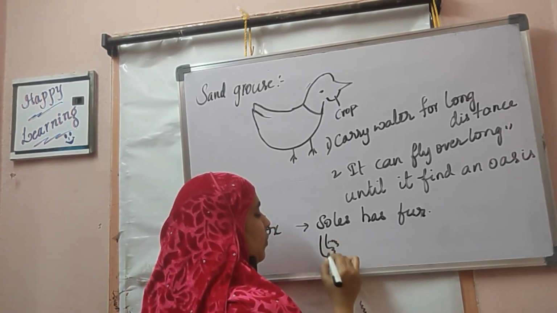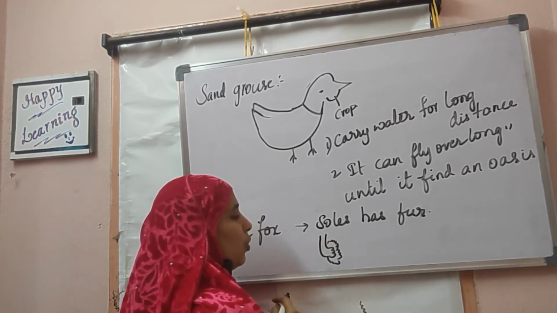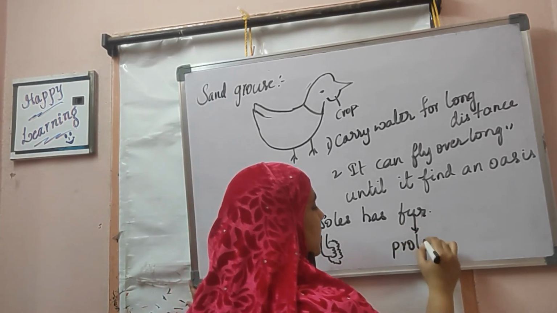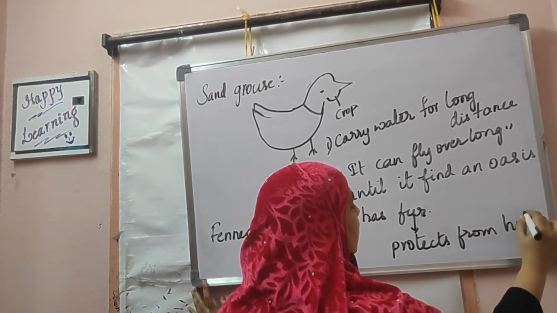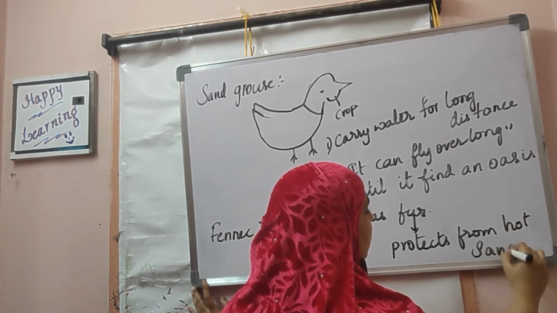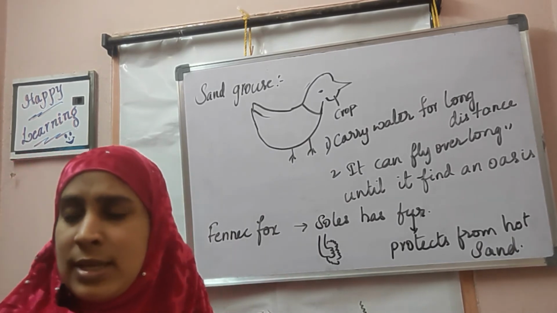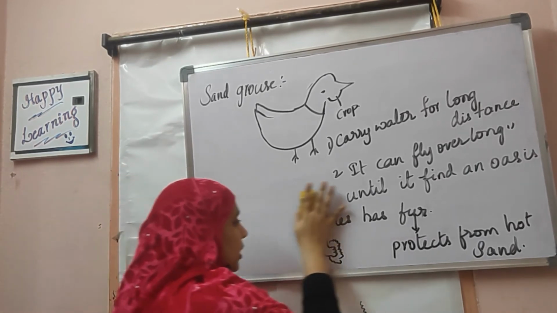But for the fennec fox, there is fur over the sole also. This fur protects it from hot sand. Apart from all these adaptations, desert organisms are mostly nocturnal.